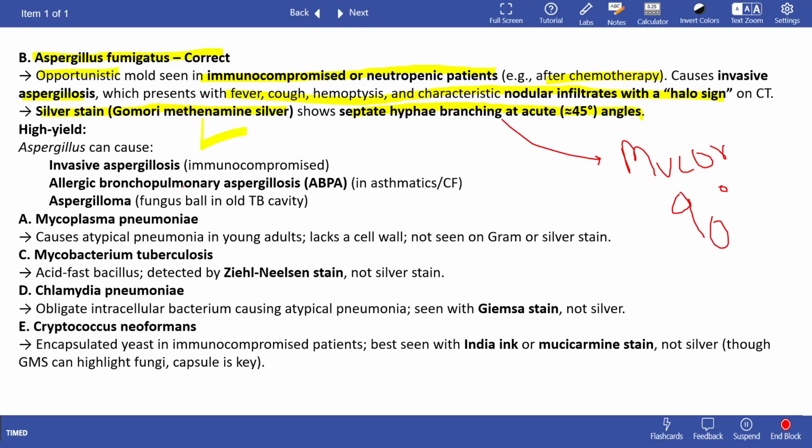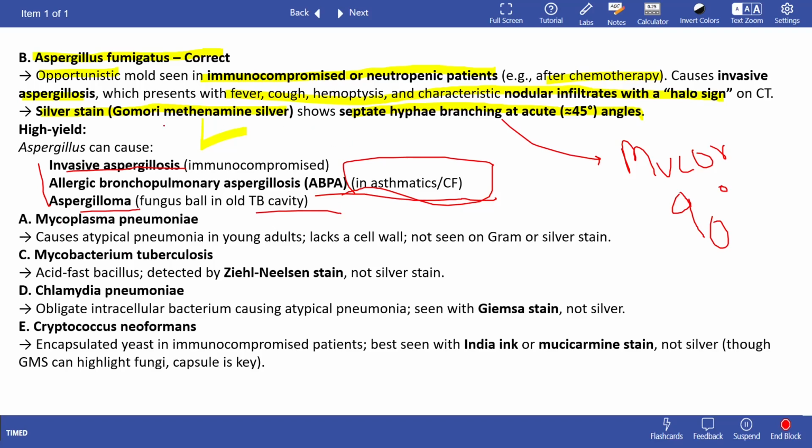But getting back to Aspergillus, it causes three main infections, of which the most dangerous one is invasive aspergillosis. The second one is ABPA, which mostly involves asthmatics and CF patients. You don't really need to be immunocompromised for this infection. And aspergilloma is an asymptomatic infection. It can reside in an old TB cavity.